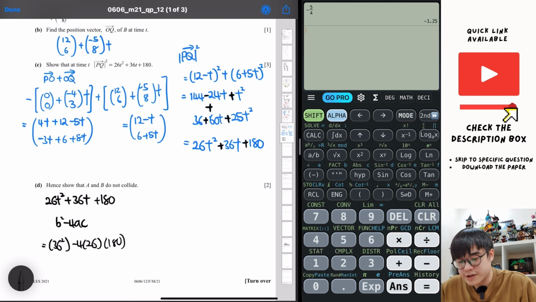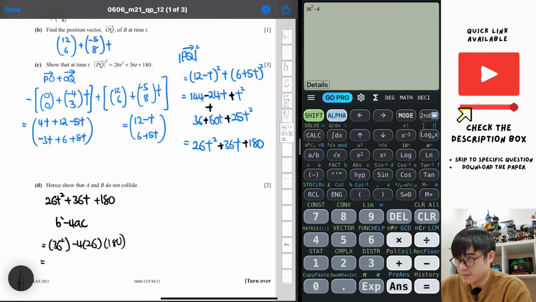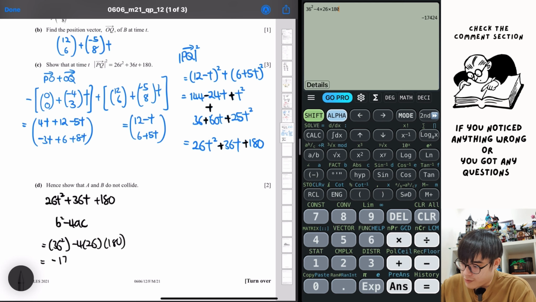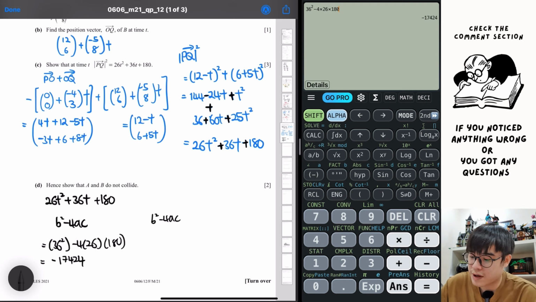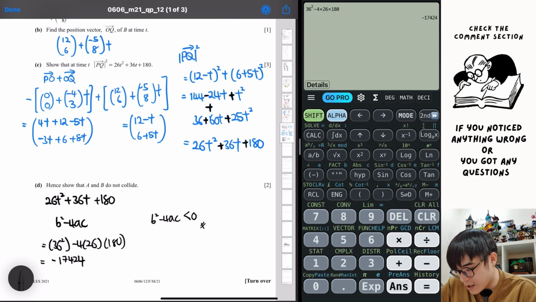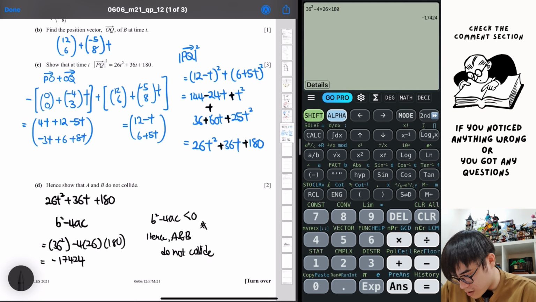You can now check your results. It is negative 17,424, which means your b squared minus 4ac is less than 0. If it's less than 0, it means they do not collide. This is very important. Hence, A and B do not collide. That's how you secure the last 2 marks here.